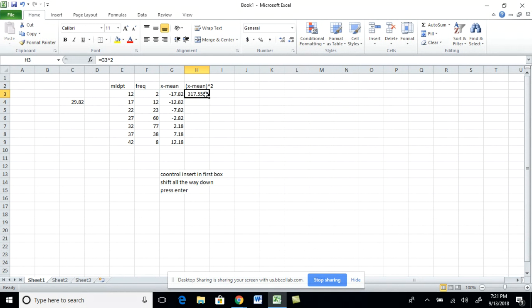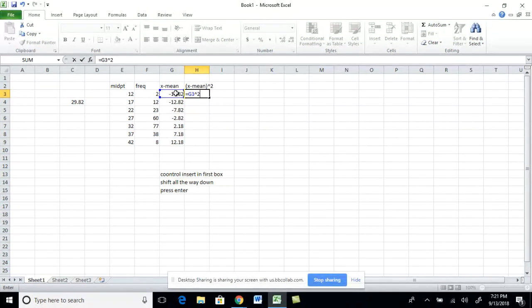Is that all right with you? Can you do that one more time? I'm sorry. No, that's okay. The fourth column is just the third column squared, because we already did x minus the mean, and we just want to square it. So you go equals that number, choose the number you want squared and do caret squared.